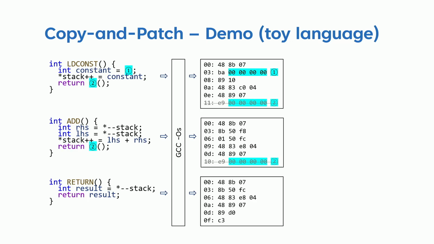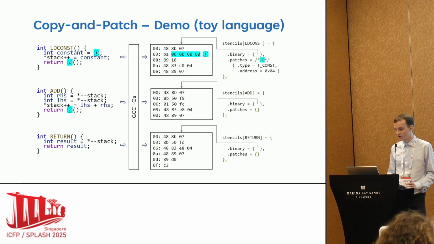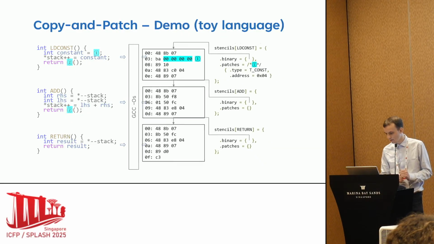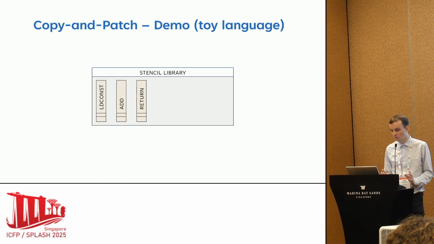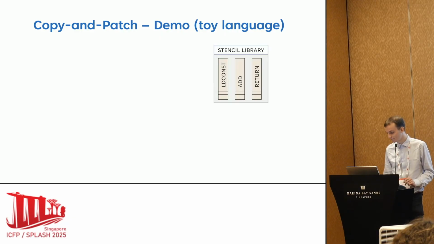Now, however, since the returning calls were optimized using tail-call optimization to simple jumps, we can remove them altogether, leaving us with just the logic of the functions themselves. These chunks of code are then exported into a header file, noting the locations of holes in them to later be patched. Combining all of this together gives us something that we call a stencil library. This will be used in the copy and patch run and will be loaded at runtime.